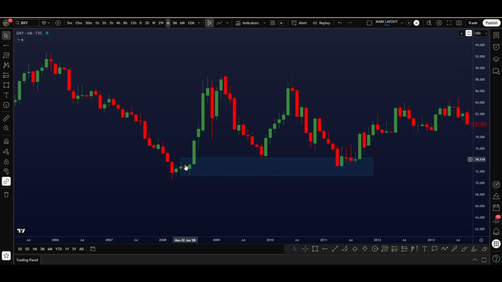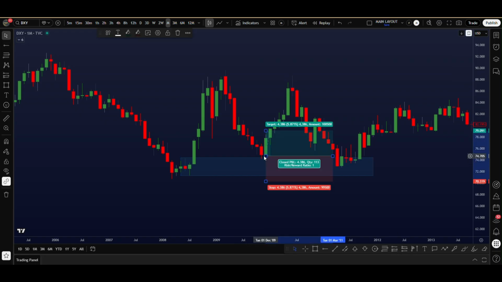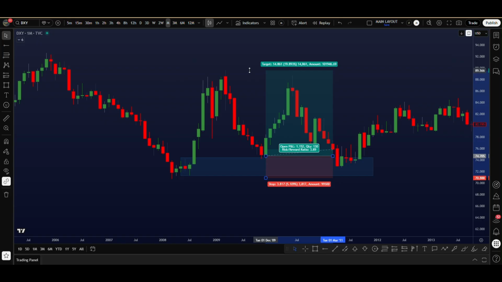That means there are a lot of orders, a lot of demand. Big institutions put some big money in this zone. We simply wait for the price to come to this zone to take a trade, with a stop loss below, and we could have a trade like this.